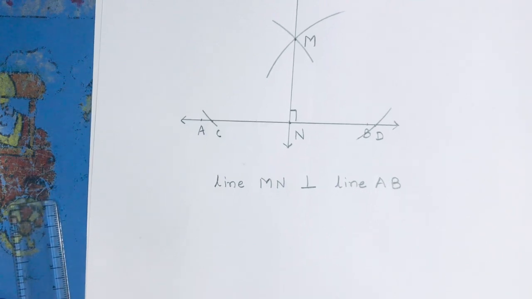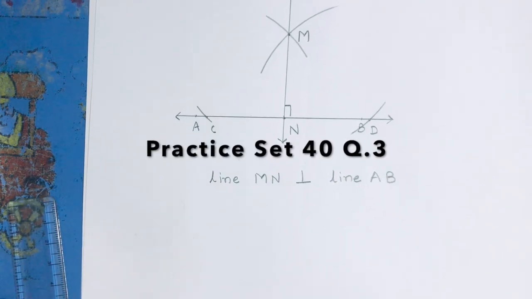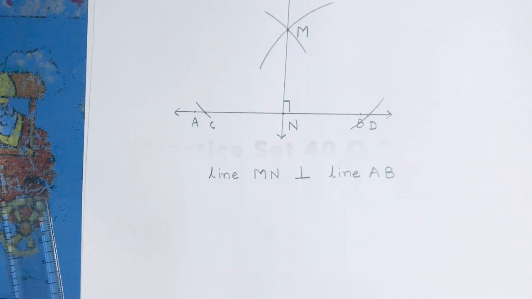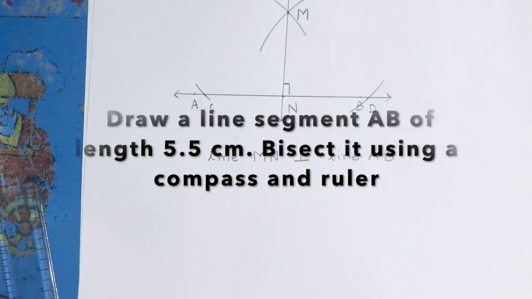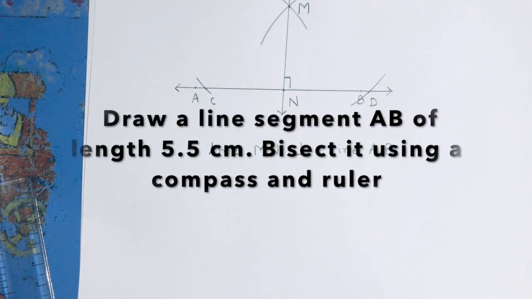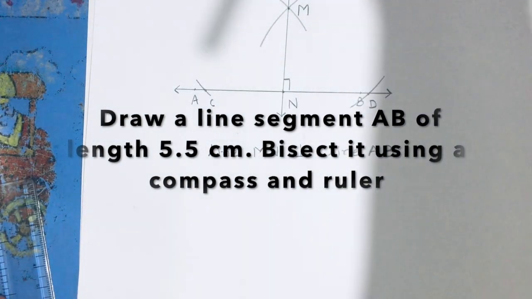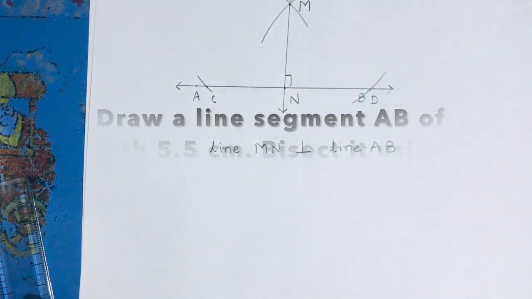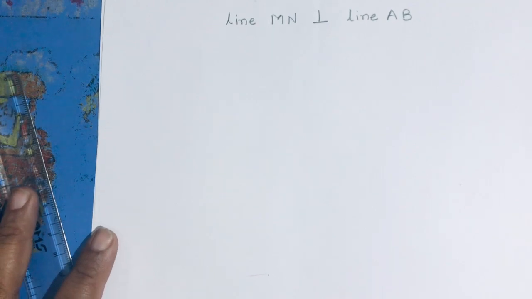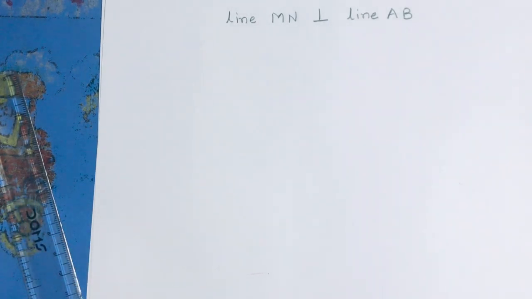Practice set 40, question number 3. Draw a line segment AB of length 5.5 cm. Bisect it using compass and ruler.